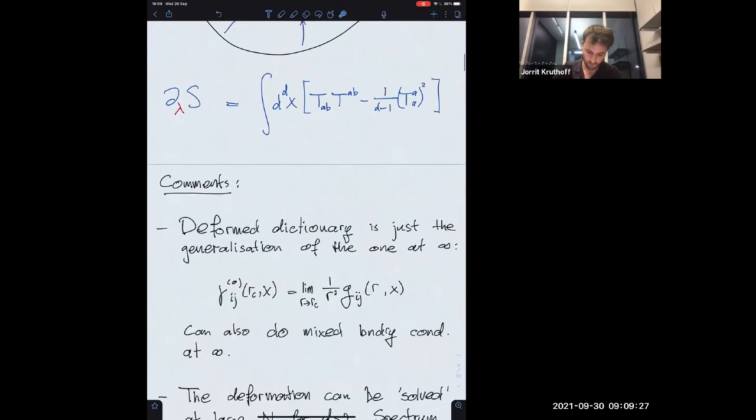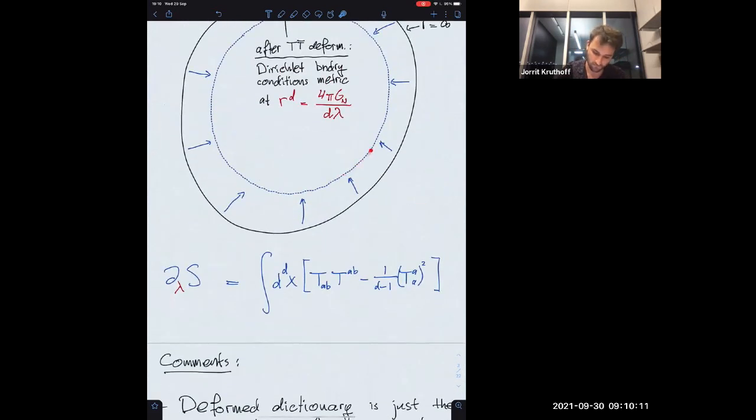For instance, the deformed dictionary is actually the obvious generalization of the one that we have at infinity, where the only difference is that instead of having r to infinity, now you have some finite r_c, and that r_c is related to the coupling constant in the TTbar theory. I should also mention that there's another way of thinking about the TTbar deformation, as advocated by Monica Guica and Ruben Monten: you can think of these Dirichlet boundary conditions at some radius as some balanced mixed boundary condition at infinity, which is such that you get the Dirichlet boundary conditions at some particular radius.